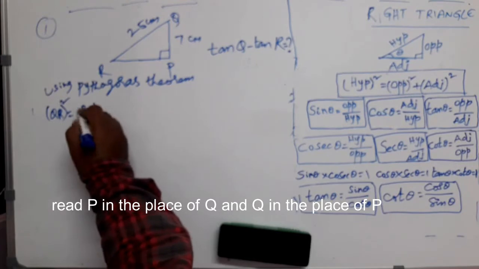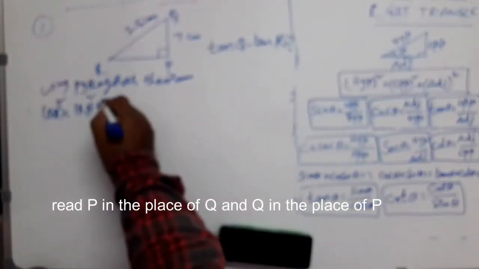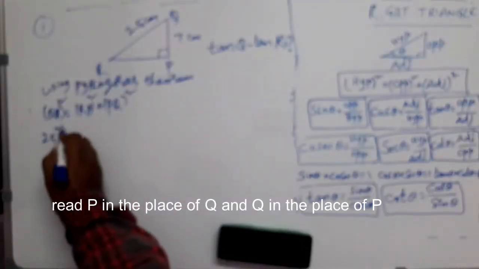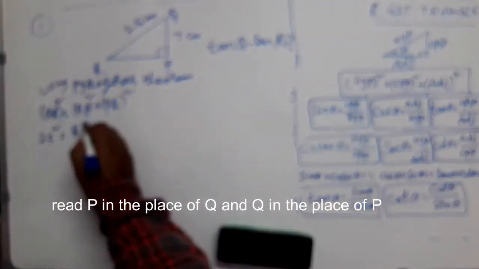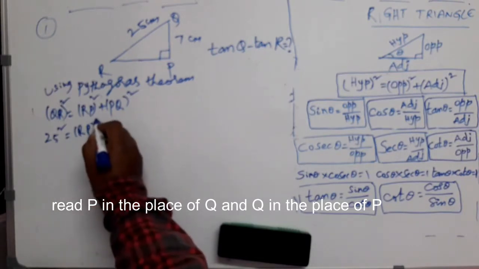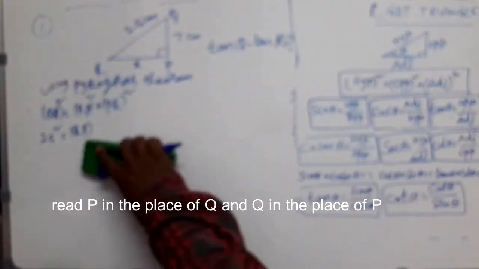RP square plus PQ square. That is 25 square is equal to RP square, you don't know this one, right? Let us say this is X. Let us call it X.